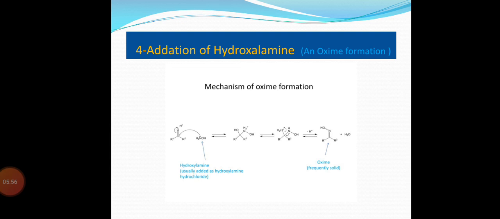It means this nitrogen will change the bond from C double bond O in the carbonyl to a C double bond N. And the second thing is, during this reaction, removal of a water molecule is necessary.